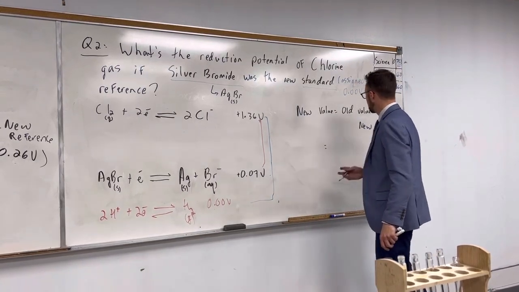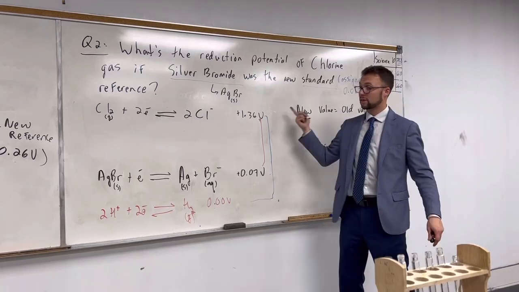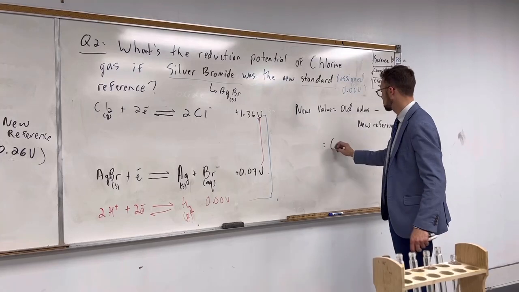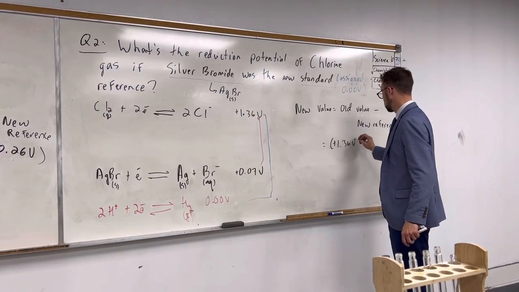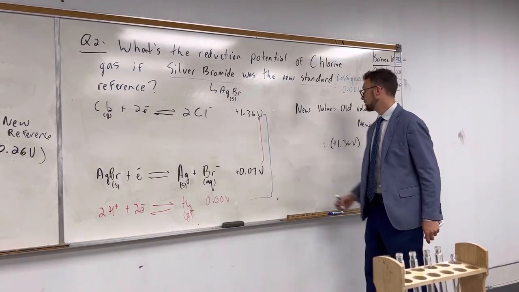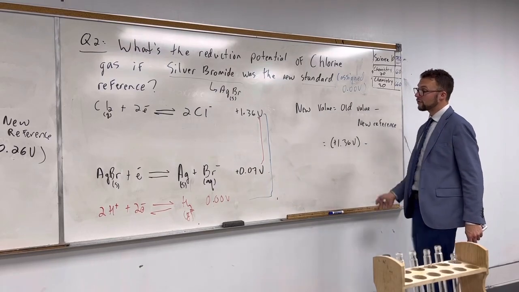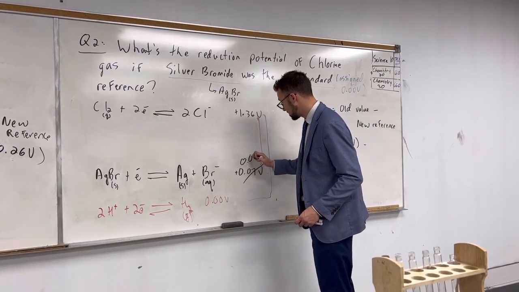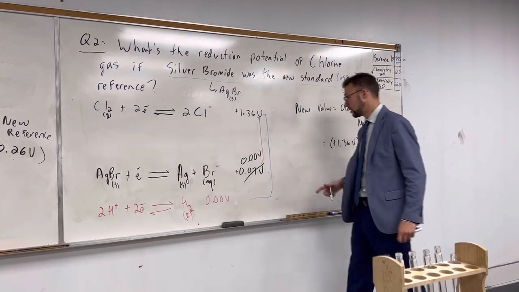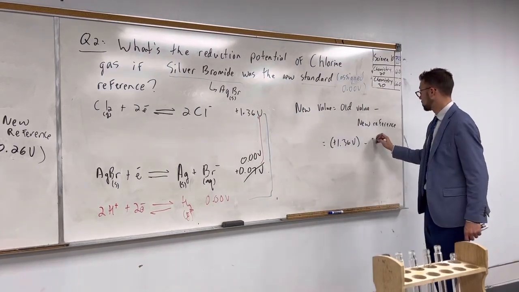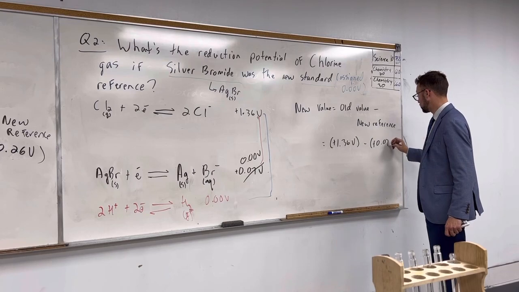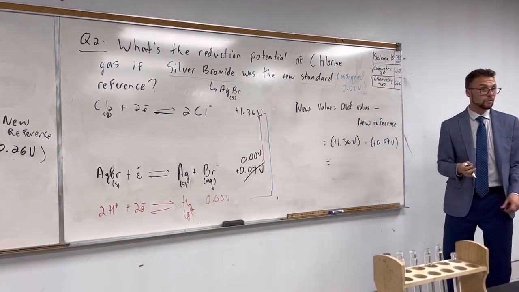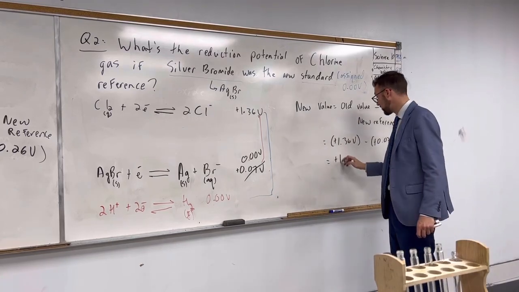Plugging in our old value with hydrogen as the reference, it's the 1.36. And the new reference, which means I would pretend that this is 0 volts, but I would put in the old value, is positive 0.07 volts. And that should give us positive 1.29. So the value went down.